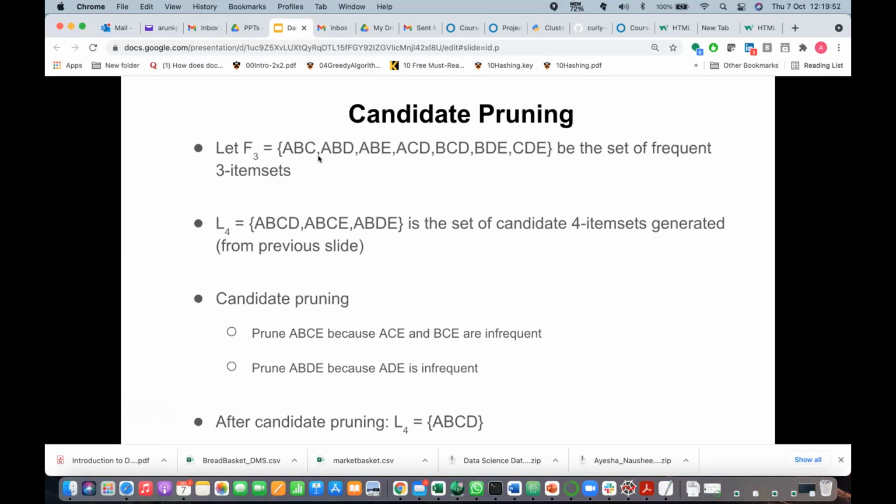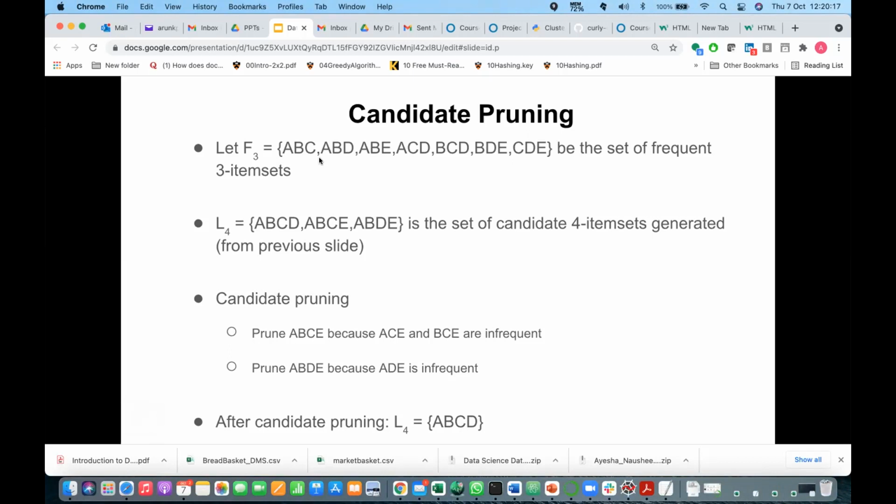So let F3 equal ABC, ABD, ABE, ACD, all these things, a set of frequent 3 item sets. Then compute L4 from this. How are you getting ABCD? From ABC and ABD, because AB is common, right? Only the last elements are different. Then how are you getting ABCE?